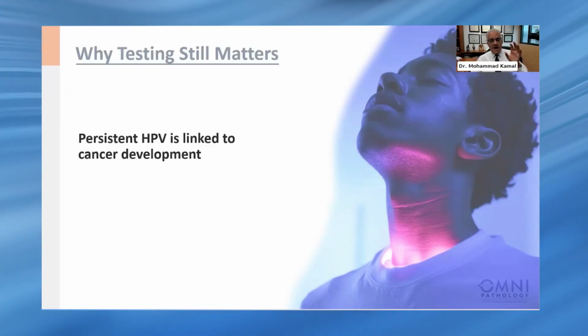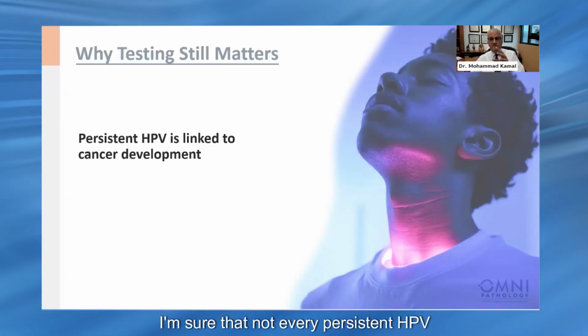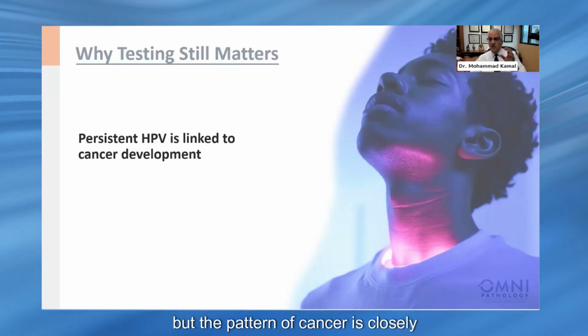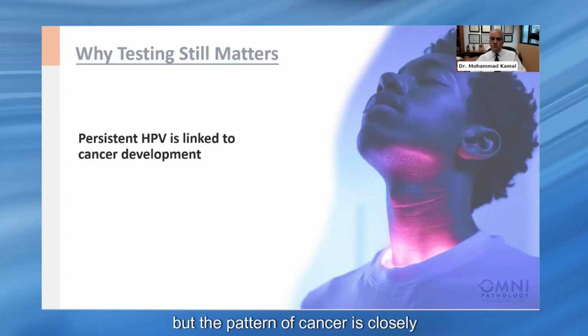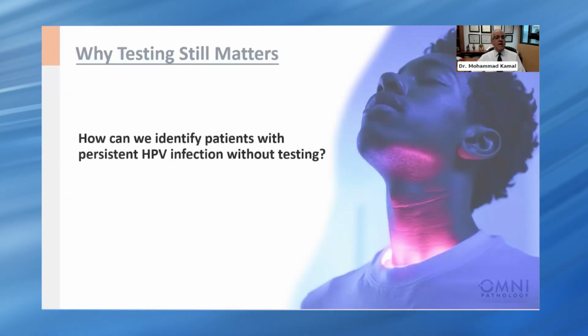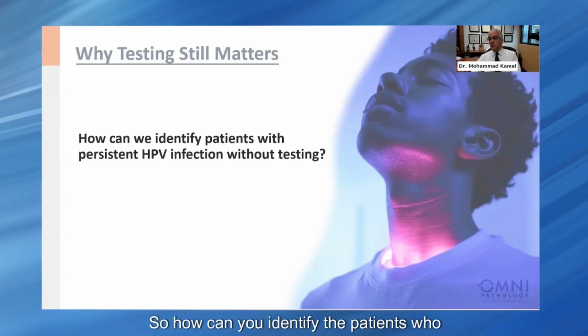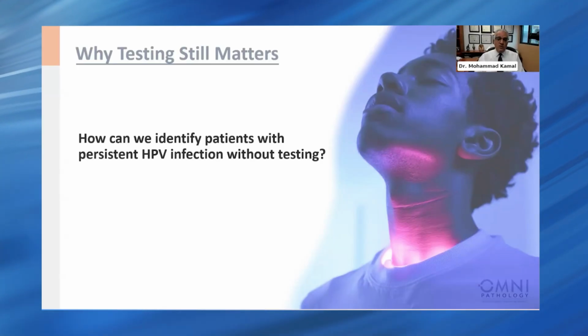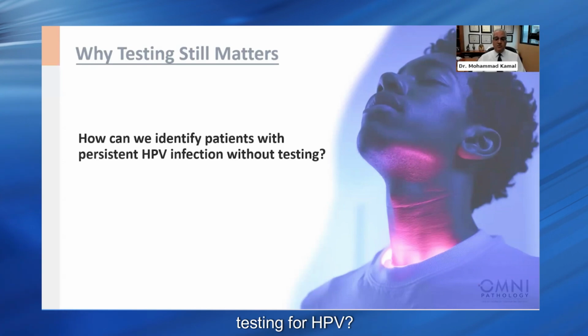So I'm sure that not every persistent HPV infection leads to cancer, but the pattern of cancer is closely associated to persistent infection. So how can you identify the patients who have persistent HPV infection without really testing for HPV?